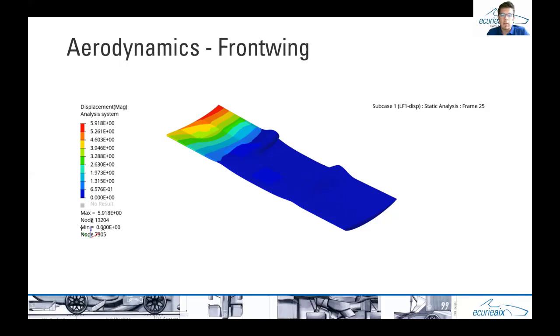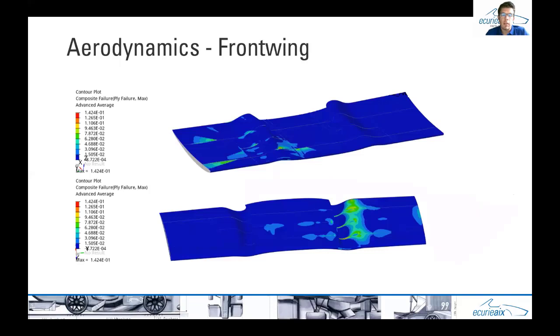But for us, not only the displacement is interesting, also the composite failure of the layup, because when they have too much stress, they fail, and that would not be good, of course.